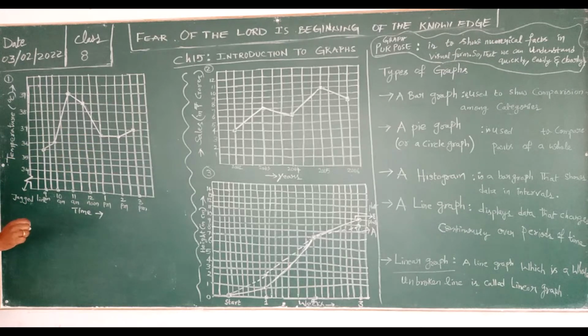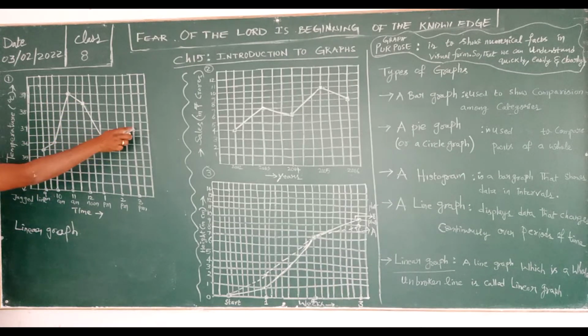Then you may have a doubt: sir, what is a linear graph? You said a line graph is what we draw like this, so what is a linear graph? You observe that in this one fluctuations are there: first increasing, a little increase, then a bigger increase, then a little decrease, then a bigger decrease, then same, then again increased.